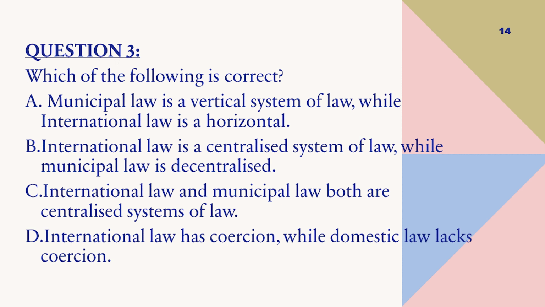Wrong. D, international law has coercion while domestic law lacks coercion. We took examples of traffic laws and penal laws and saw how domestic law has coercion in comparison to international law, which does not have. So that makes us go for option A as the answer. Municipal law is a vertical system of law, while international law is horizontal.